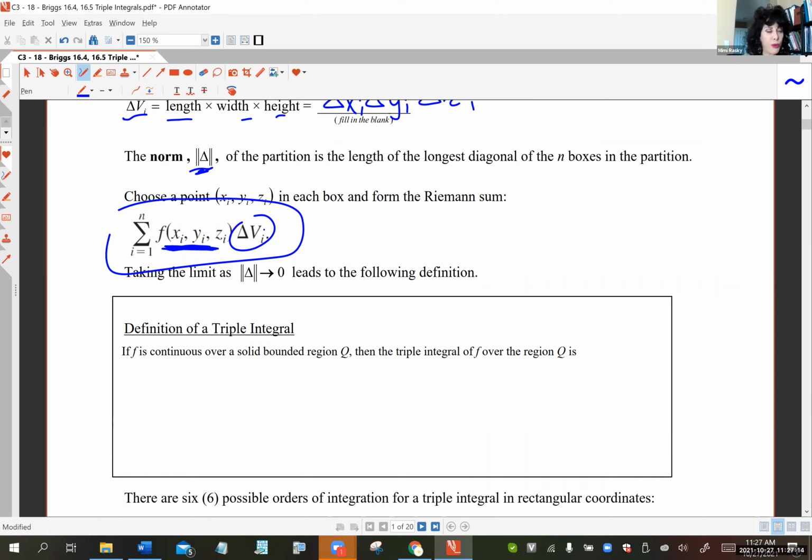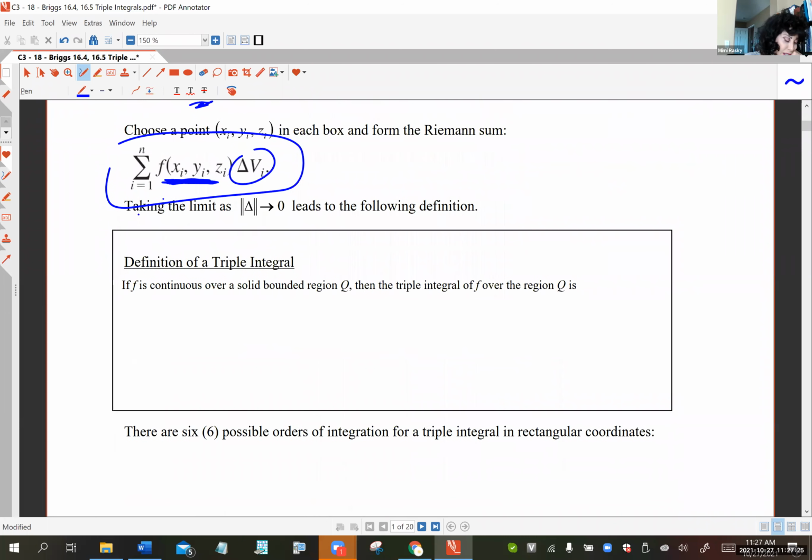Now, what could the function be? It could represent different stuff, but one of the things that's typical is it could be a density function for that solid. Then, we're going to take the limit as the norm of the partition goes to 0, and the Riemann sum is going to turn into an integral, specifically a triple integral.